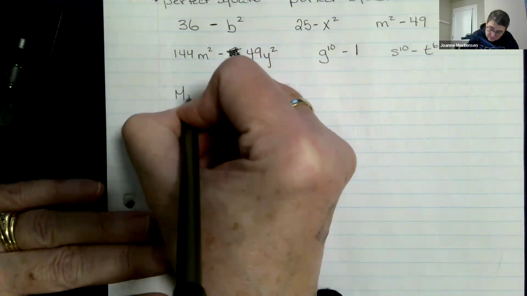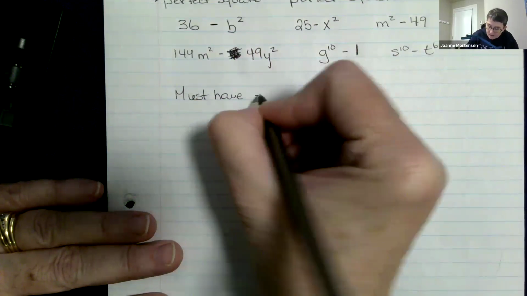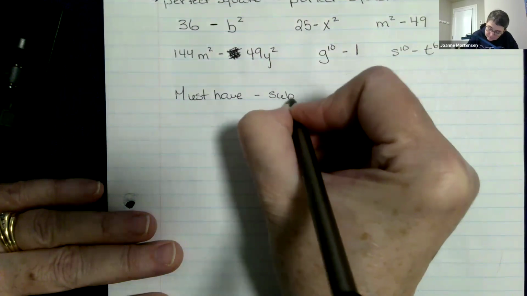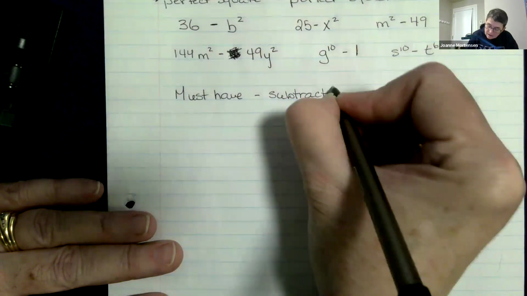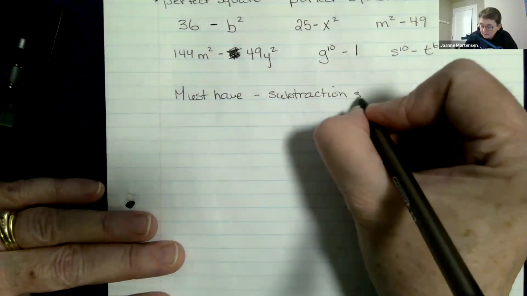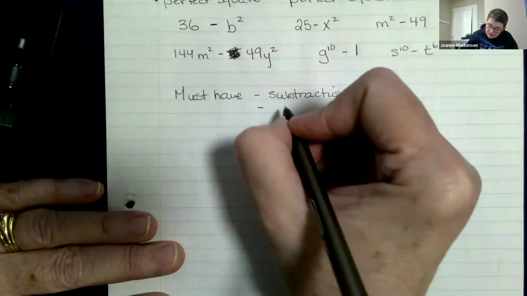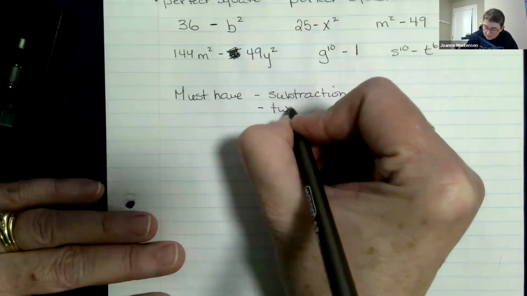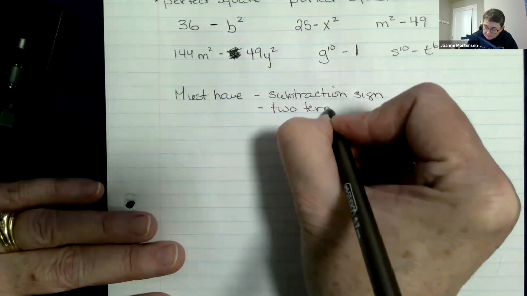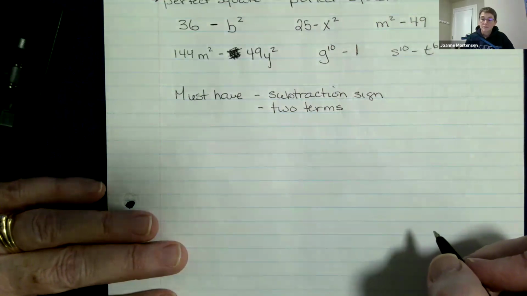So you must have a subtraction sign. You must have 2 terms. If there's 3 terms, it's not a difference of squares. Done. Those are the easiest things.